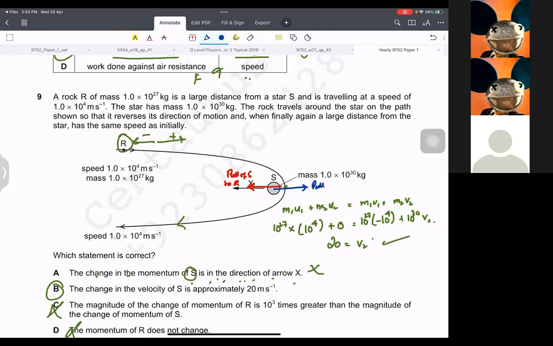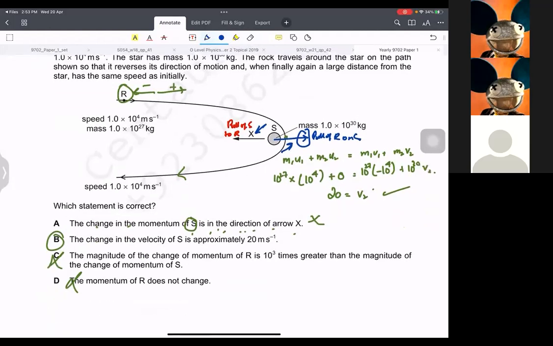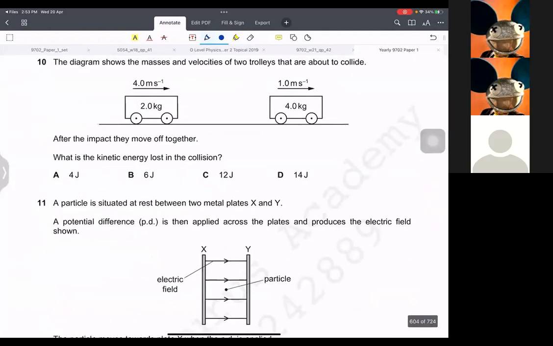So this will be pull of R on S. Do you understand? So if S was pulled in this direction, how is it that its momentum is changed in X? That's wrong. Its momentum was changed in the other direction, the opposite one. Do you understand? Yes, sir. I got it.